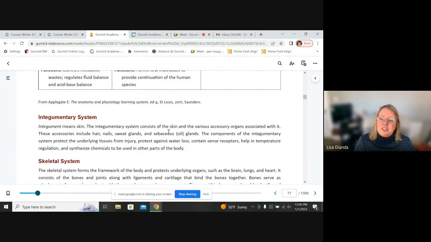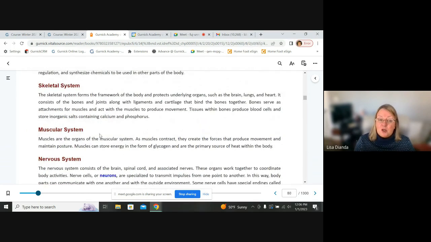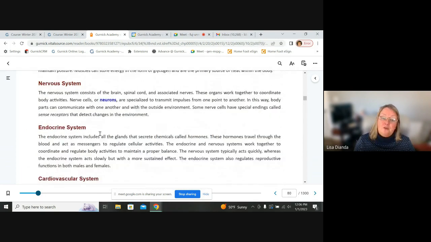Integumentary, your skin, hair, nails, sweat glands, and sebaceous oil glands, right? Those are the accessories. Skeletal system, the framework and the parts. Muscular, they contract, that's how you move. The nervous system, made up of very specialized, somewhat fragile cells, right, that are very protected in the way that they're created, the way they're made.